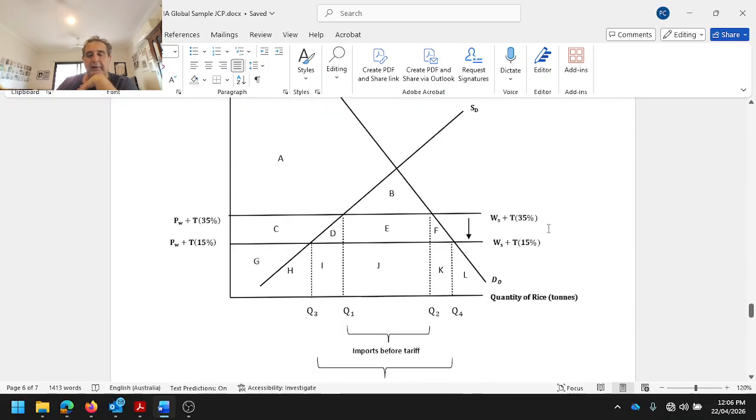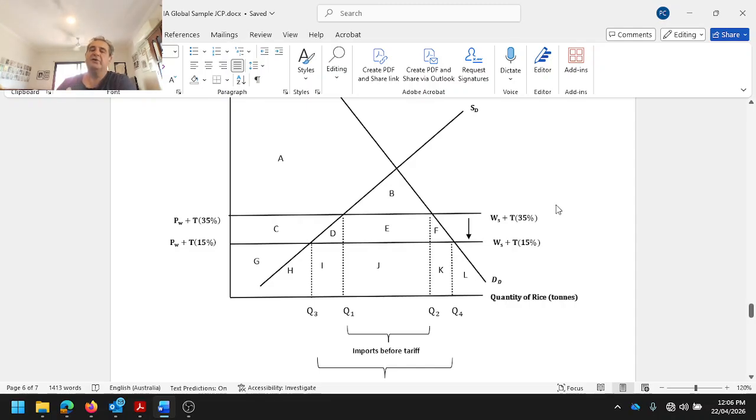Just while I'm at the diagram, I know in the past, sometimes students put three of these lines in if it's a tariff reduction, because they also put in the world supply curve where there is no tariff. I would not do that because it makes it very confusing. All you need to do is talk about the change that's actually occurring in the article.